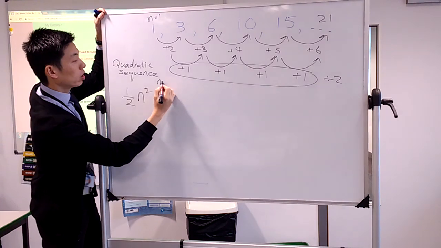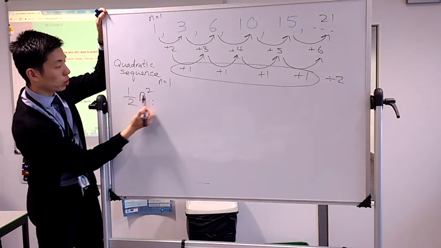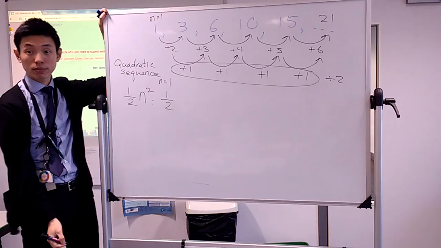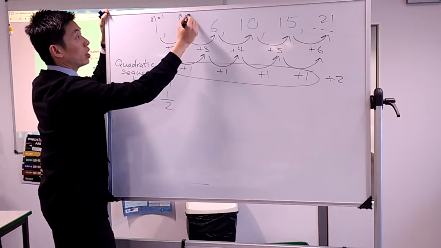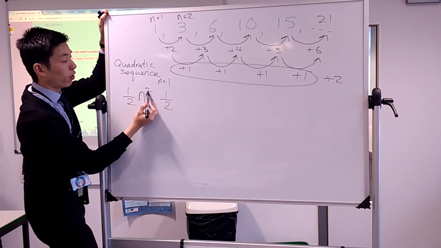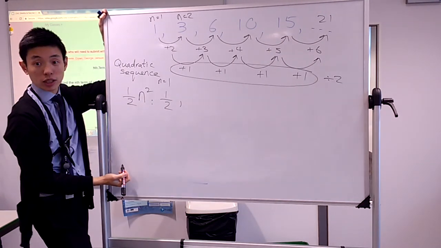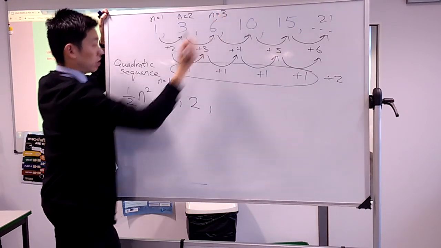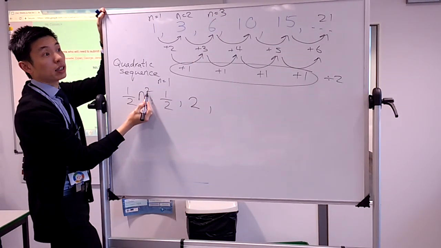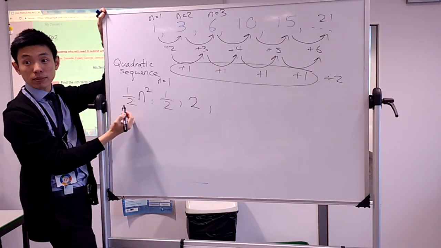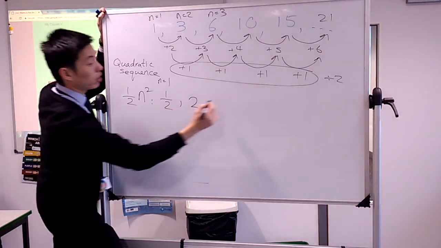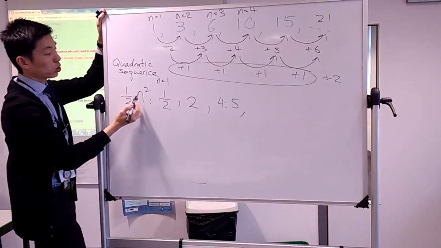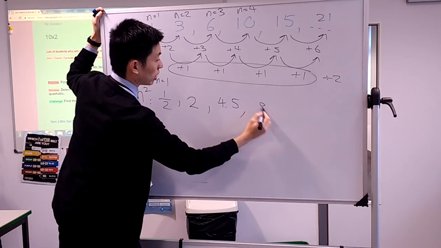I substitute: 1 squared is 1, times a half, is a half. n is 2. 2 squared is 4, times a half is 2. n is 3. 3 squared is 9, half of 9 is 4.5. And then n is 4. 4 squared is 16, half is 8.